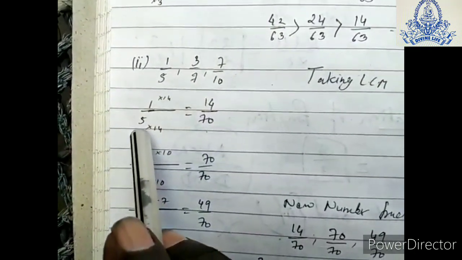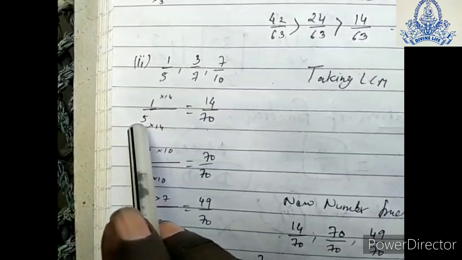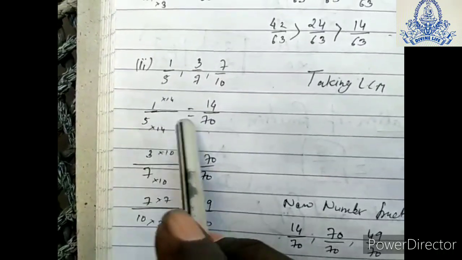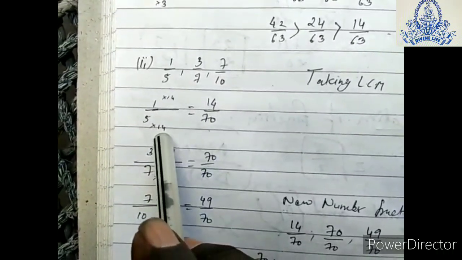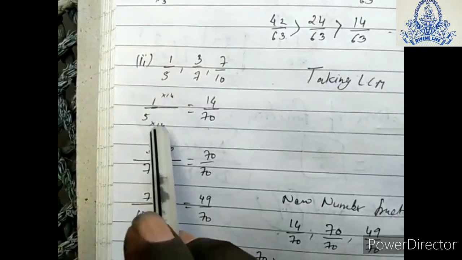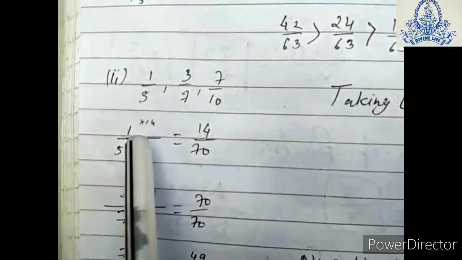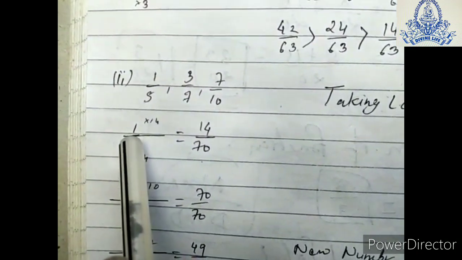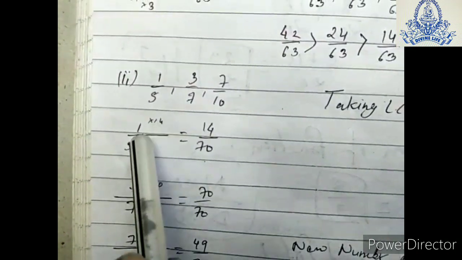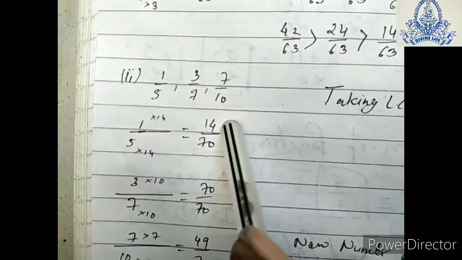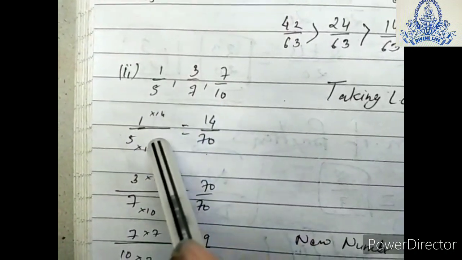Always remember, the denominator divided into 70 gives 14, that is 14 times 5 is 70. The same 14 will be multiplied by the numerator. We have numerator 1, so 14 times 1 is 14, and the new number 1 upon 5 becomes 14 upon 70.